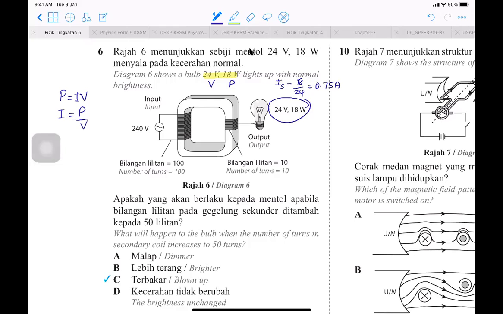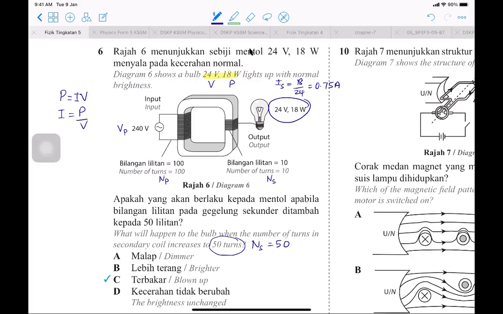0.75 ampere. Now we have here dia punya number of turns. This one is NP, this one is VP. We also have inilah dia punya NS. NS is 10, IS is 0.75. So if you increase the number of turns in the secondary coil into 50 turns, now NS equals 50.